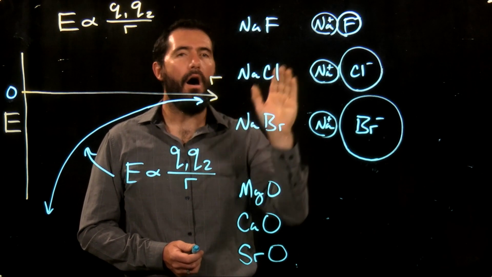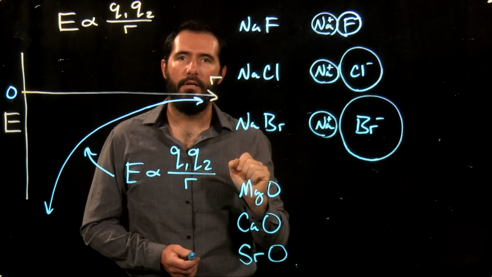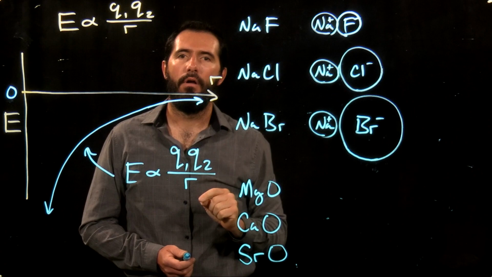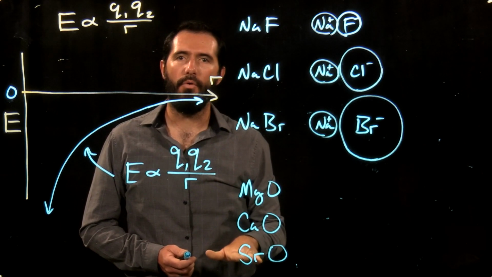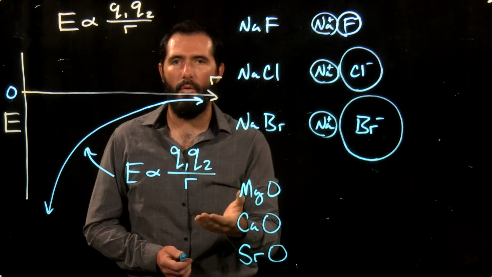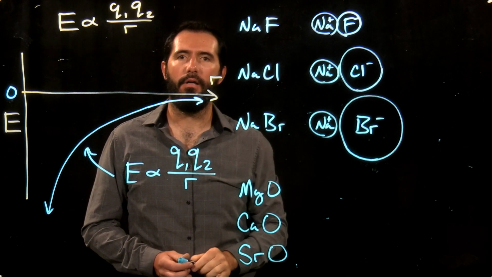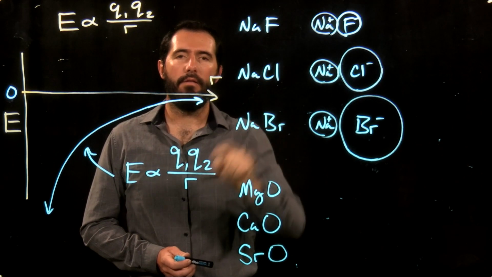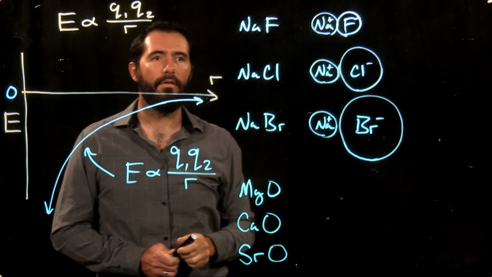So the hotter you have to get the salt to melt it, the higher the interactions between the cations. The colder the melting point of the salt, the less energy is required or the less tightly those ions are held together. So let's look at sodium fluoride, sodium chloride, and sodium bromide and compare their melting points.